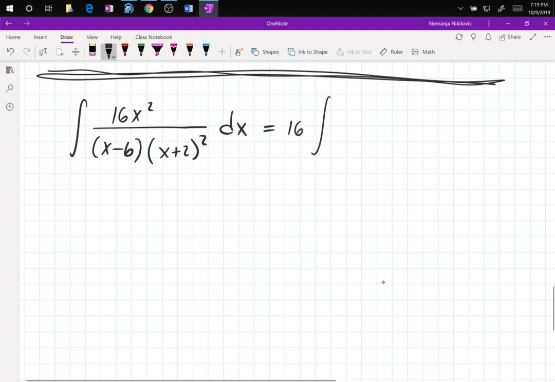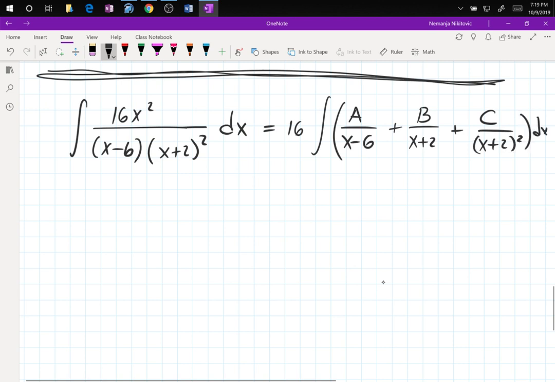So kick 16 outside, and we are going to have A over x minus 6 plus B over x plus 2 plus C over x plus 2 everything squared dx. There we go.